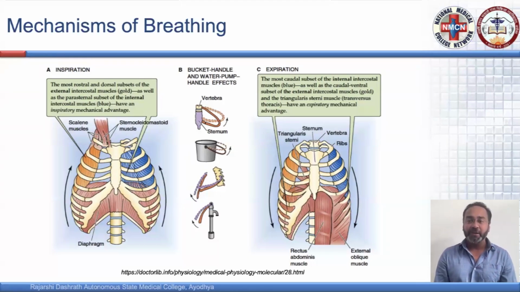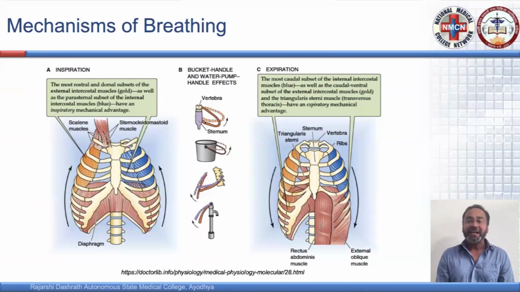First, diaphragmatic contraction, because of which the rostral-caudal diameter is increasing. Then because of the bucket handle phenomenon, the transverse diameter is increasing. And because of the water pump handle phenomenon, the anterior-posterior diameter is increasing. Because of the increase in all these three diameters, the intrathoracic volume goes up.